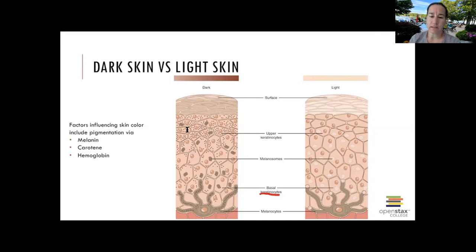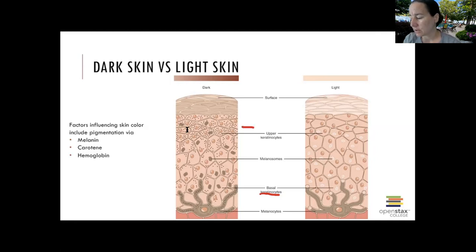If you are a darker skinned individual, those melanosomes, the little vesicles of melanin, may be bigger. They may have more pigment in them, and then they may travel further through the strata and get closer and closer to that corneum layer. So they may get all the way up to the granulosum layer.